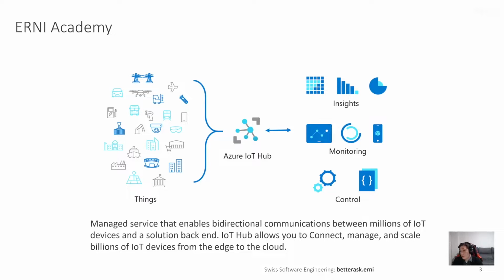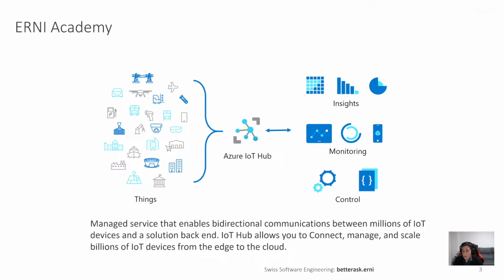If you're familiar with the cloud, it has different kind of services. And Azure IoT Hub is one of these services of Azure that is a platform as a service. And what it gives you is just a way to handle communication between devices and any kind of API or backend code that you have.